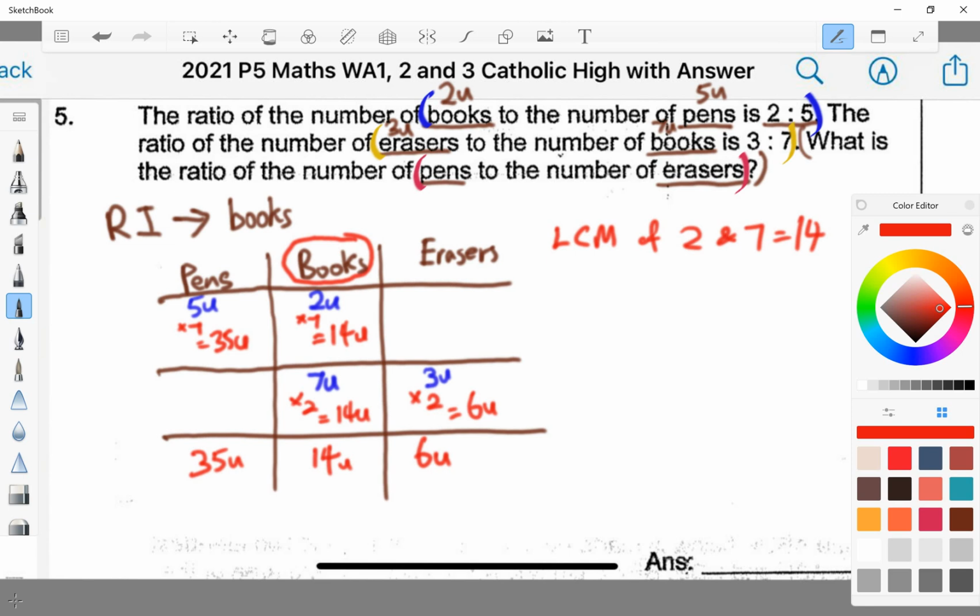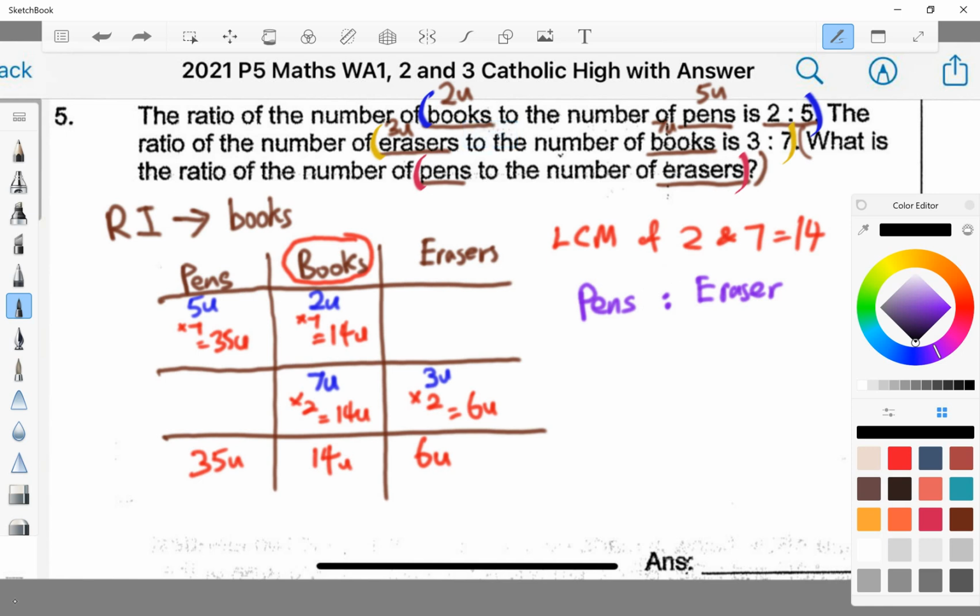Upon looking at it carefully, all they want from us is to write down the ratio of the pens to the erasers. So be very careful, boys and girls. Remember, when you are writing ratio with the colon symbol, which I'm circling now in black, you cannot be putting down units. So it's really just 2 numbers.